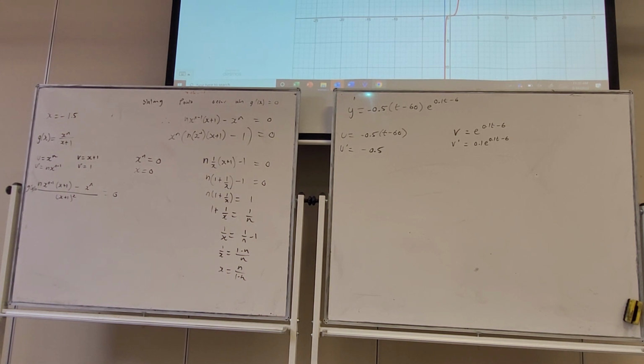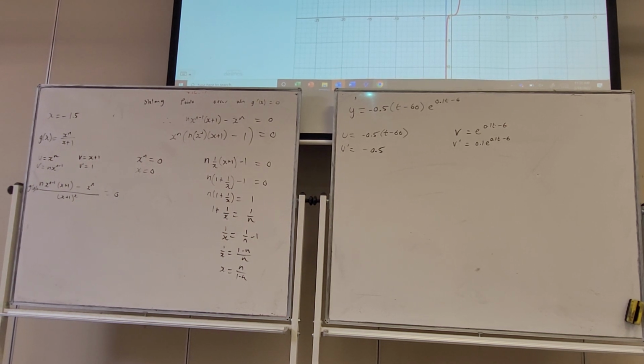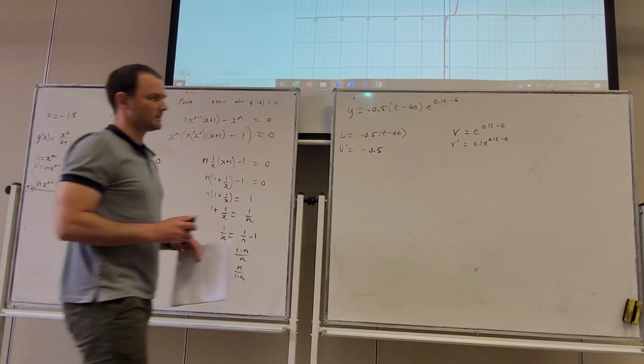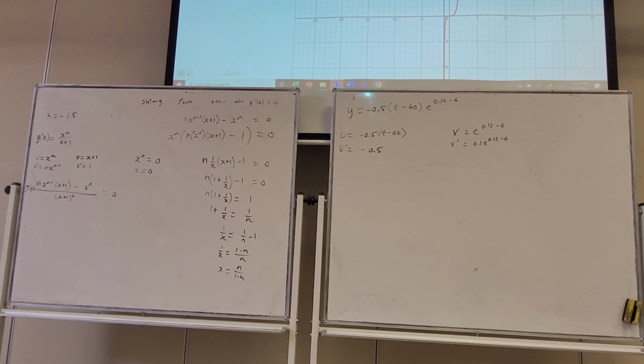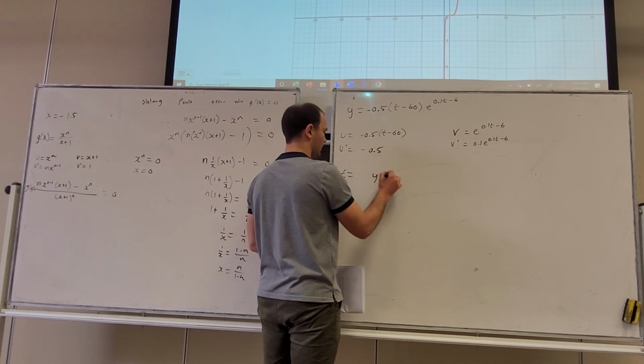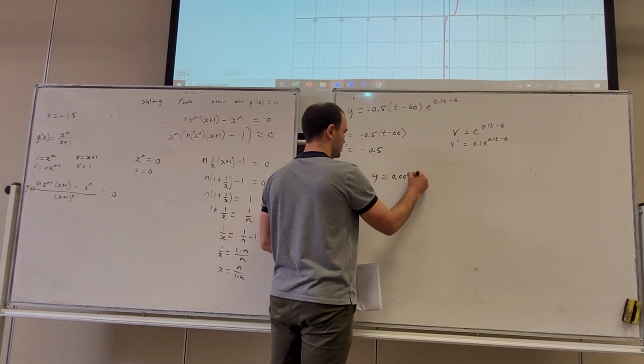The graph has a y-intercept of 0.00744. Interpret this value in the context of the question. The y-intercept is 0.00744. So when time is 0, y equals 0.00744.